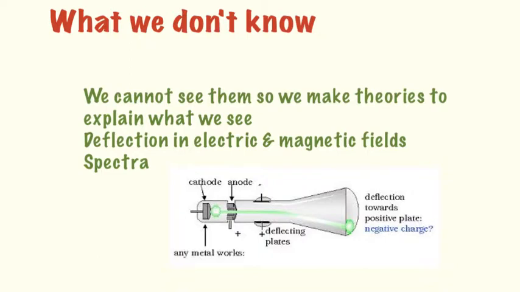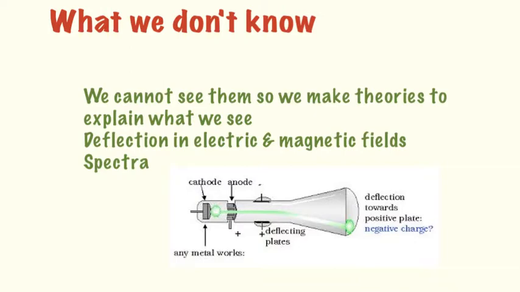The idea, as I've said, came from the work that Thompson did, and the cathode tube shown here is basically what he was using. The charged plates, as we can see, the deflecting plate actually causes the beam to bend towards the positive. This tells me it's negatively charged.